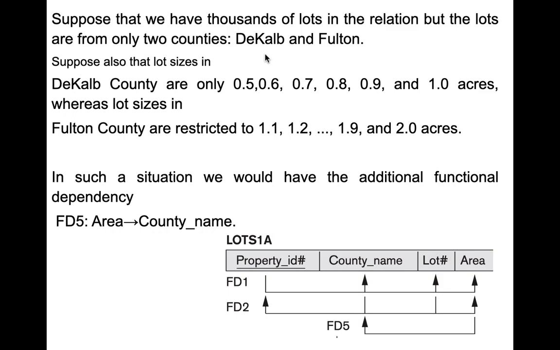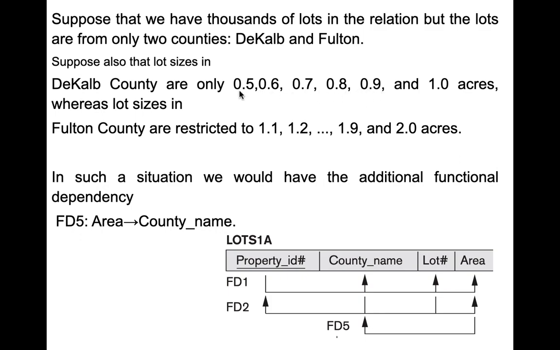And there's another restriction. If it is from DeKalb, the size of the property that can be for sale is 0.5, 0.6, 0.7, 0.8, 0.9 or 1 acres. If a property is for sale from DeKalb, these will be the size denominations of the area.